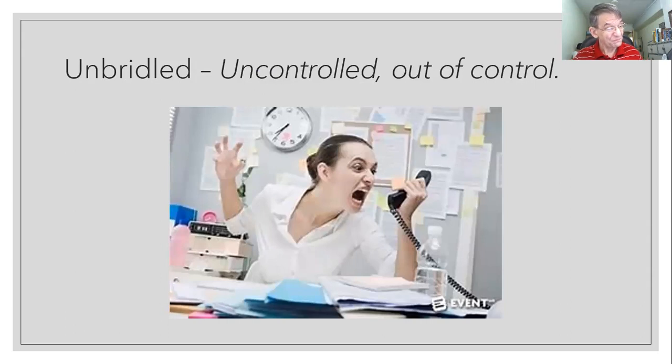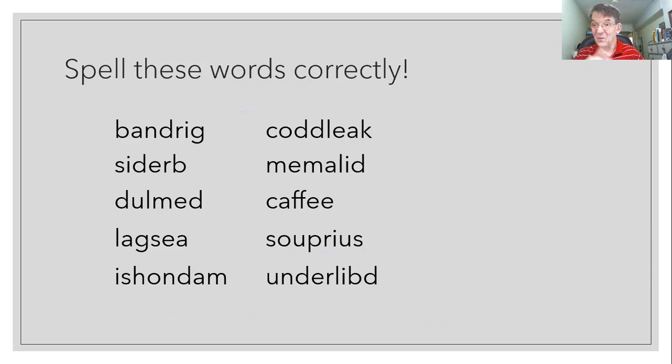Now, we're going to practice using these vocabulary words. So what I want you to do is I have taken 10 vocabulary words and I have mixed up the spelling of each vocabulary word.